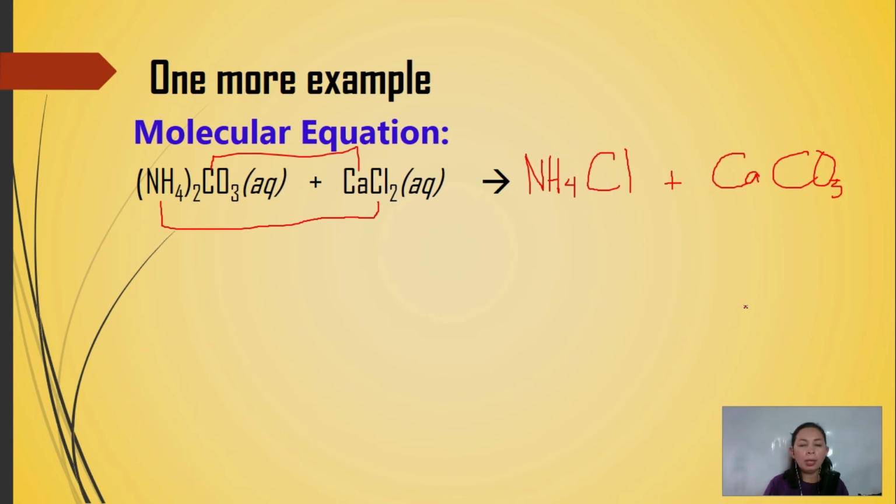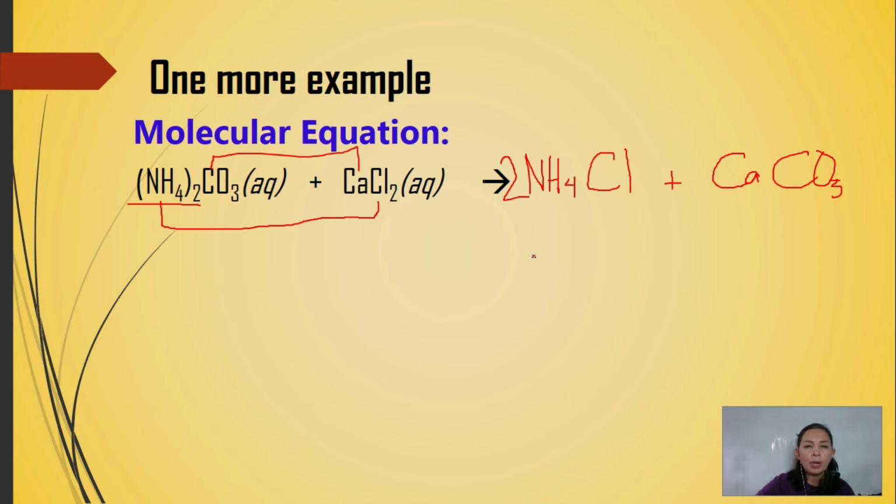That's our molecular equation. So our problem now is to balance, since we cannot write the ionic equation without balancing the molecular equation. So in the reactant side, we have here 2 ammonium ions, meaning we have to write here 2 to balance. And then carbonate, we only have one, so no problem. But chlorine has two, so it balances because chlorine has a coefficient of 2.